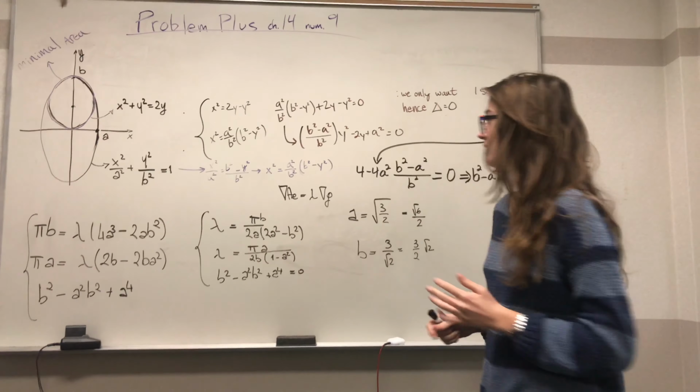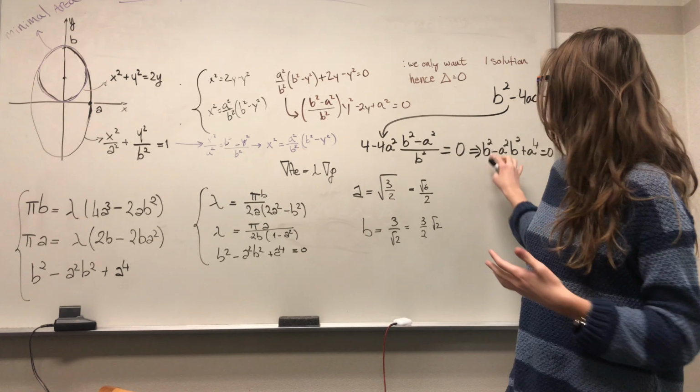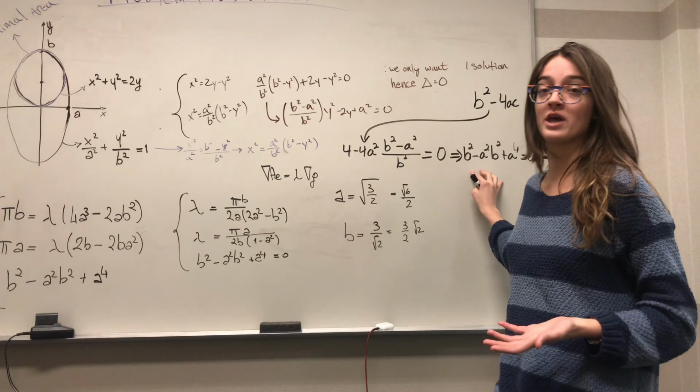So we left here, so we're going to use Lagrange multipliers in order to solve this and figure out the values of both a and b.